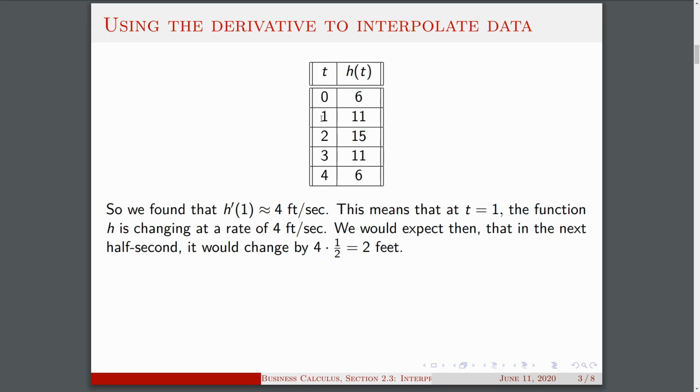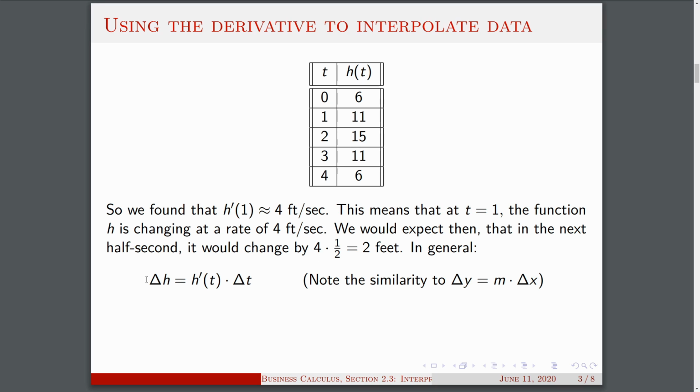That's if you go 1 second. But if you go a half second, then you'd expect half that change. And if you go a quarter of a second, you'd expect a quarter of this amount of change, and so forth. So for a half second, we would take half the amount of change, which is 2 feet.